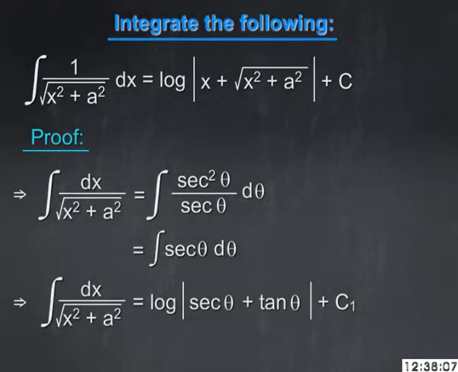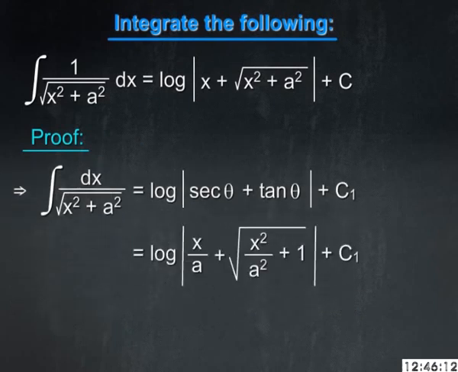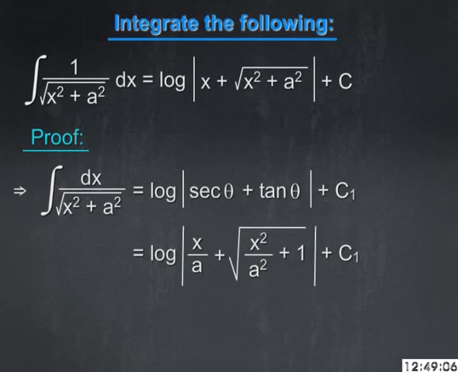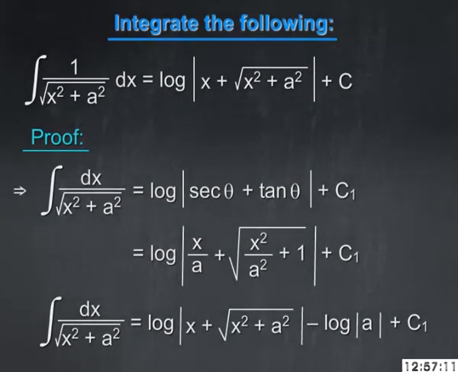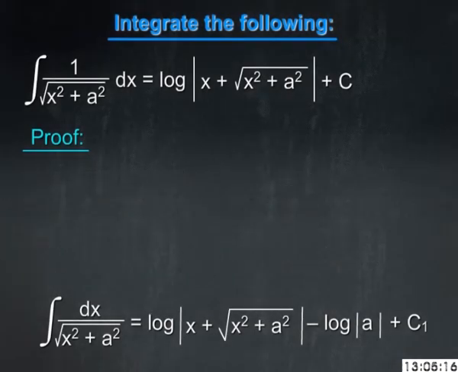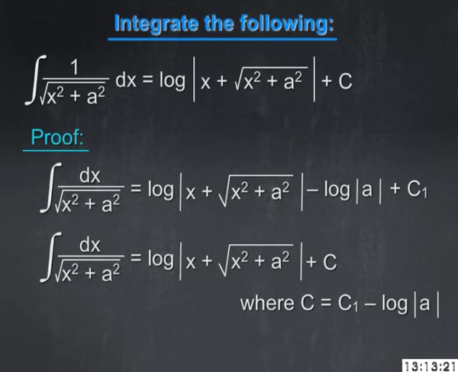So it is equal to log of mod secant theta plus tan theta plus c, that is equal to log of mod x upon a plus square root of x square upon a square plus 1 plus c1, is equal to log of mod x plus square root of x square plus a square minus log of mod a plus c1, is equal to log of mod x plus square root of x square plus a square plus c, where c is equal to c1 minus log of mod a.